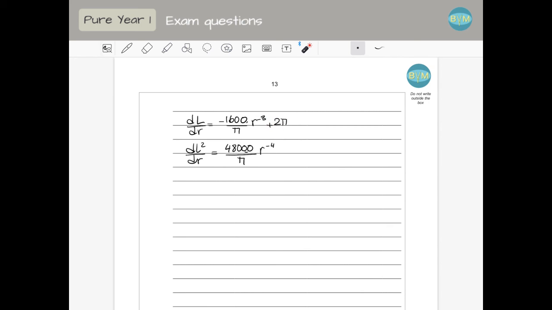And for this one, the derivative is 0. And this value is positive for any value of r. Always positive, so I have a minimum.